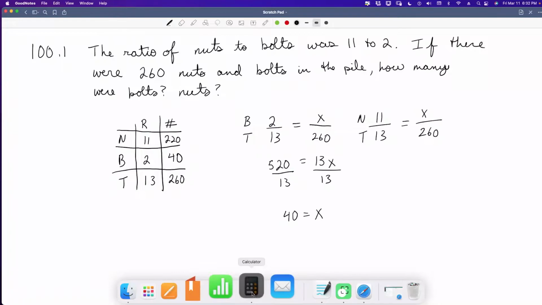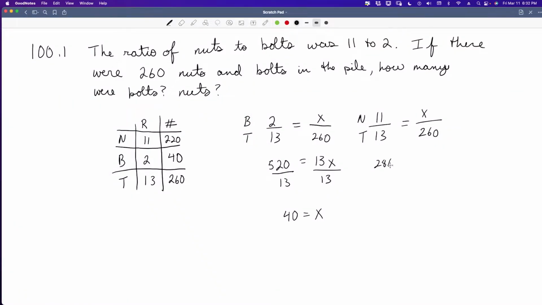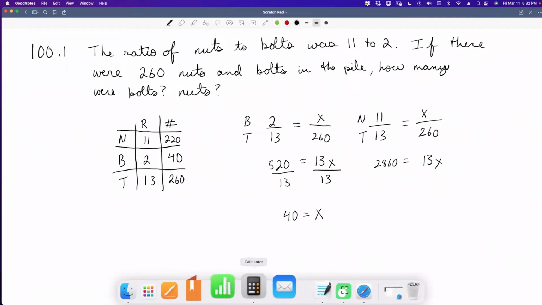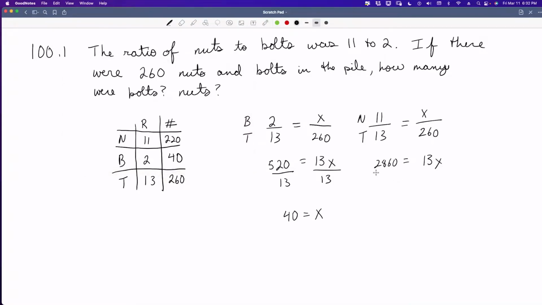So 11 times 260 is 2860. So 2860 equals 13x. Then we divide both sides by 13, and 220 is the value of x. That's what we got by subtracting 40 from 260, right? 220 plus 40 is 260.